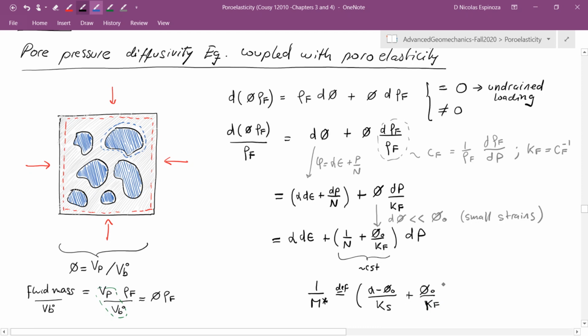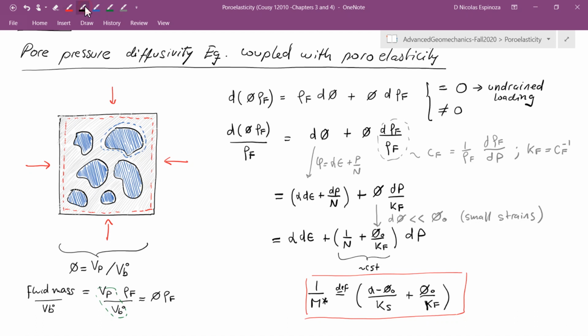So we see now that this Biot modulus is a function of the poroelastic parameters, and is also a function of the compressibilities or stiffness of the solid, but also of the fluid.